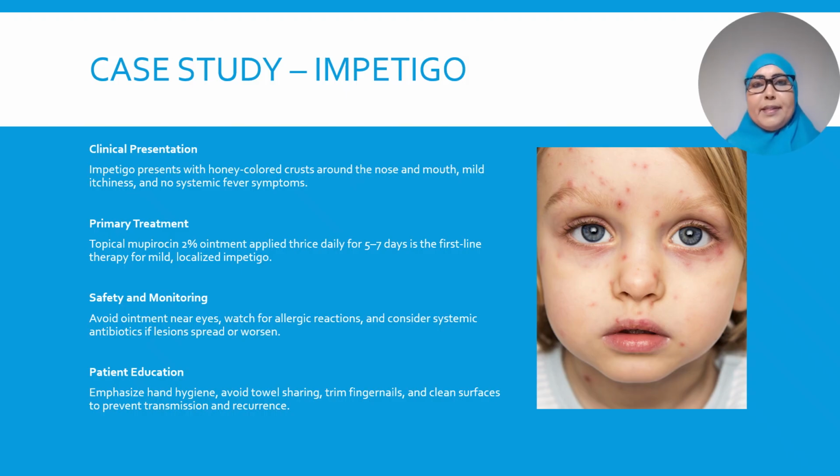And if they touch other family members, friends, school, or work with these fingers, that can transmit the disease. So you want to educate the patient to wash their hands, avoid sharing towels with anybody, and clean the surfaces of the house or where they touch.